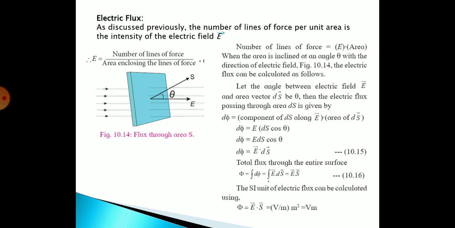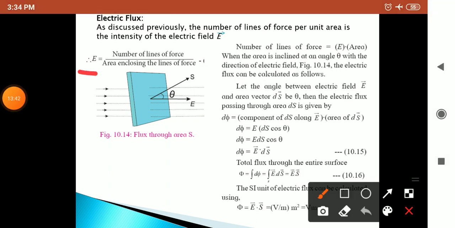Now turn towards electric flux. Electric flux is the number of lines of force per unit area. The number of lines of force per unit area is the intensity of the electric field. So E, the intensity, is equal to the number of lines of force divided by the area enclosing the lines of force.